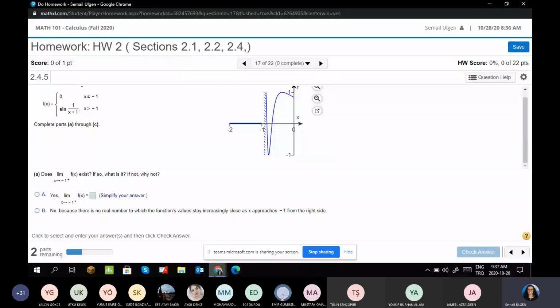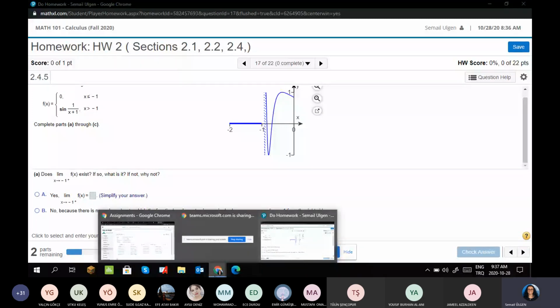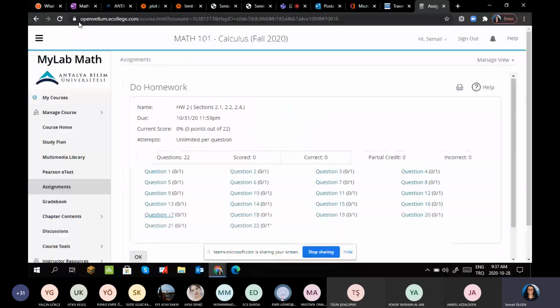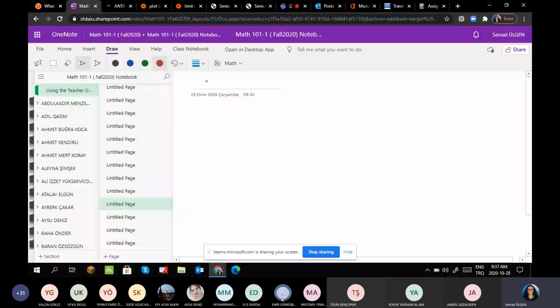If you don't remember, I'm going to open up the page here. This is question 17, homework 2. So recall y is equal to sine 1 over x. This is what we learned first.